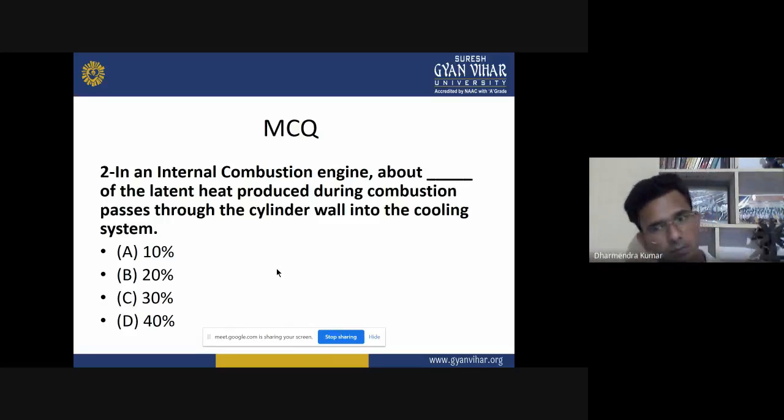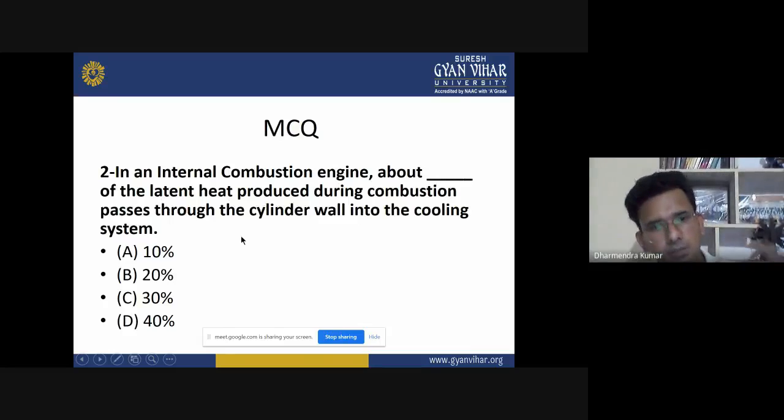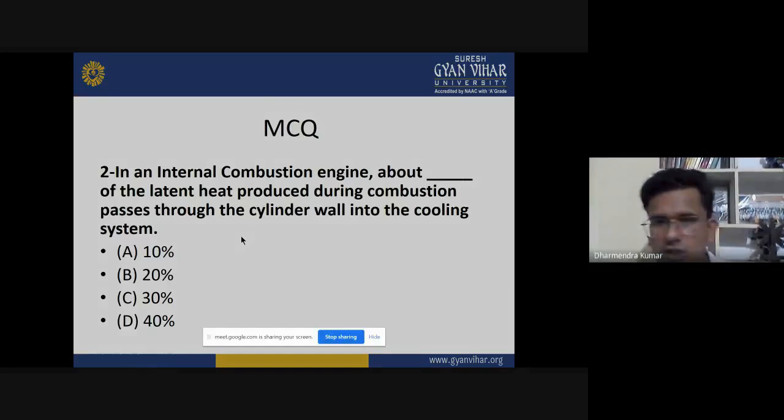We have seen in the previous PPT that the cylinder jacket is used around the cylinder for cooling the cylinders, and I have told earlier that about 20% of the heat is transferred to the cylinder jacket which we are using around the cylinder. The option is the second option, 20%. Now we can say that in an internal combustion engine, about 20% of the latent heat produced during combustion passes through the cylinder wall into the cooling system.